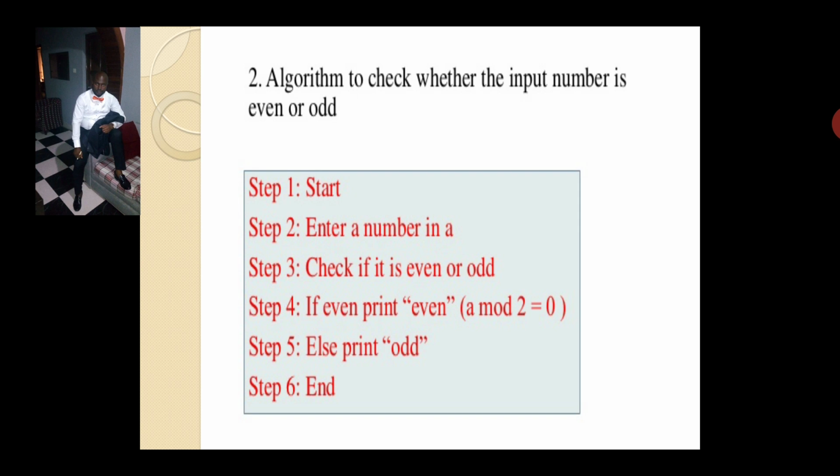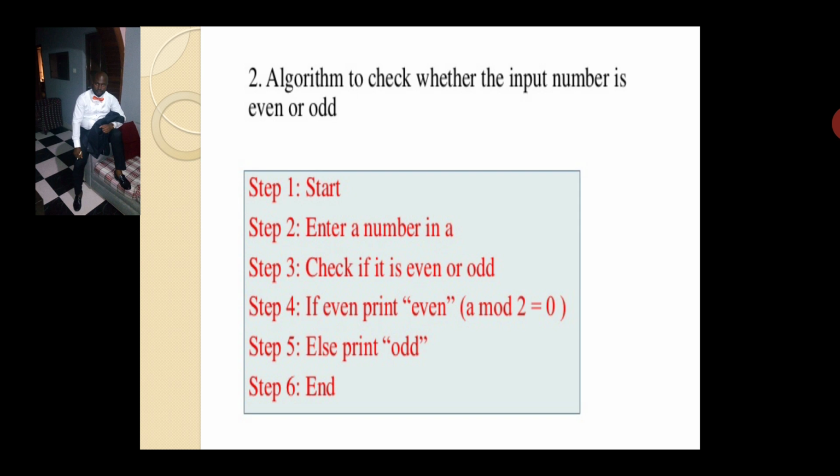Because, for example, you have 4. Now, 4 divided by 2, you have 2, remainder 0. That's why we have A mod 2, which is equal to 0. So for the remainder to be 0, it means that the number is even.